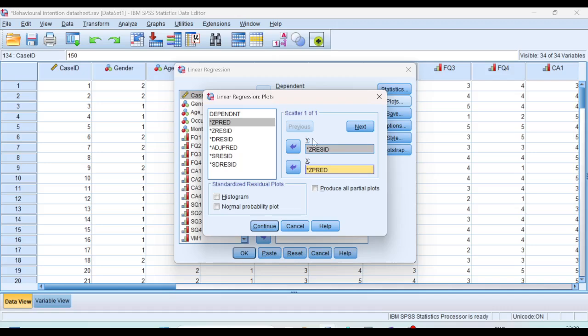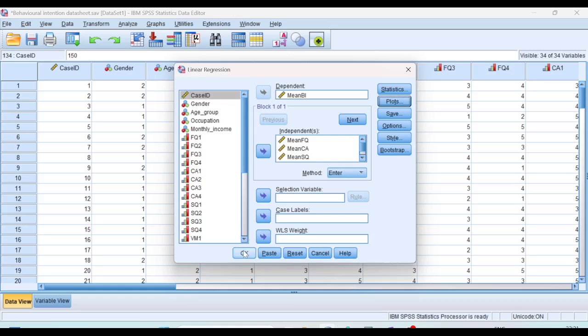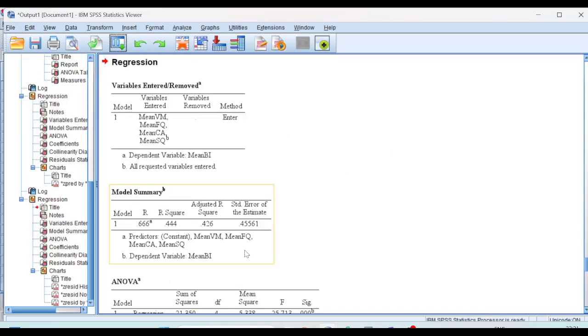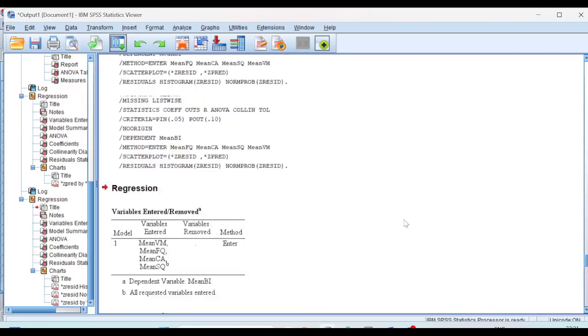So now we are trying to build up a plot wherein the x-axis will represent the standardized predicted value and y-axis will represent the standardized residual value. Herein we click histogram and normal probability plot and click on continue. Press OK.